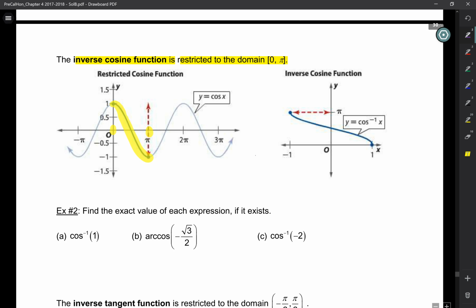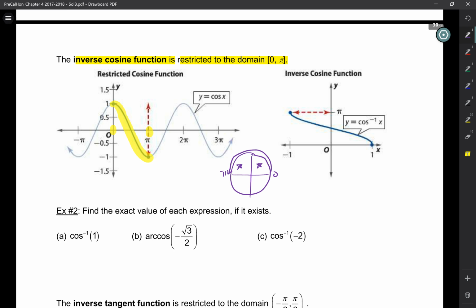And if we look at the quadrants for cosine, it goes in which two quadrants? The range is going to be between 0 and pi. So, never negative pi over 3 because that's not within the quadrants.